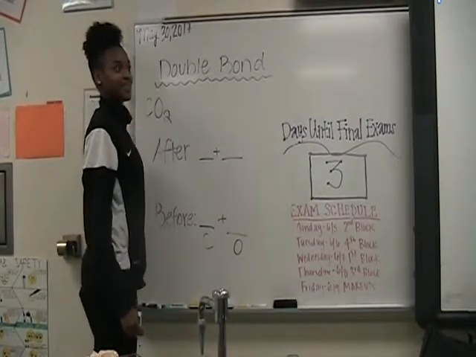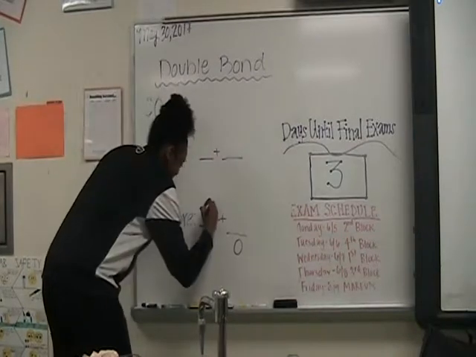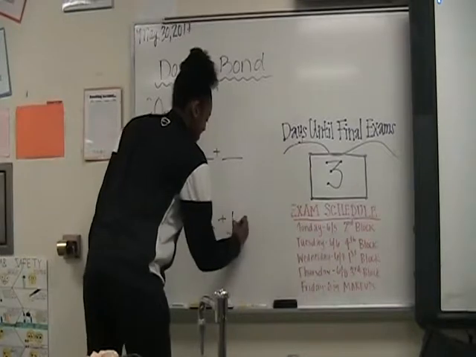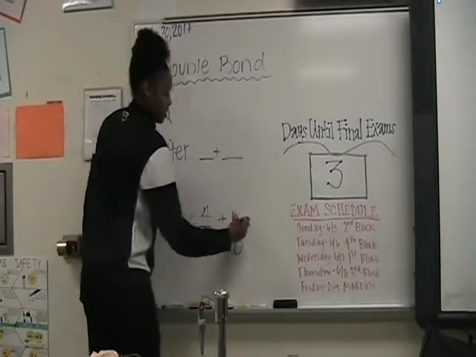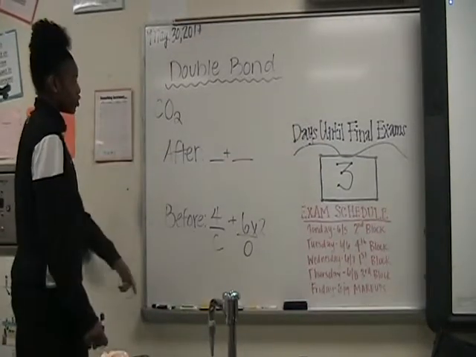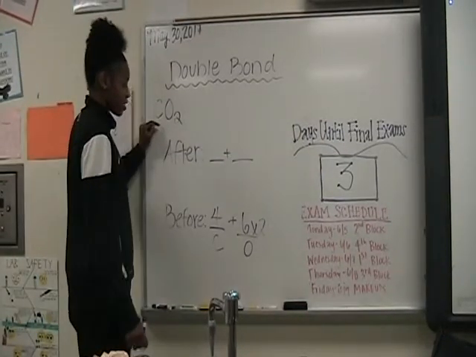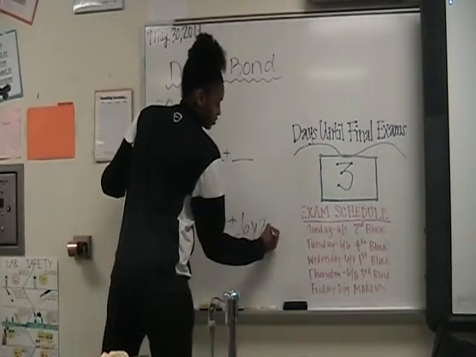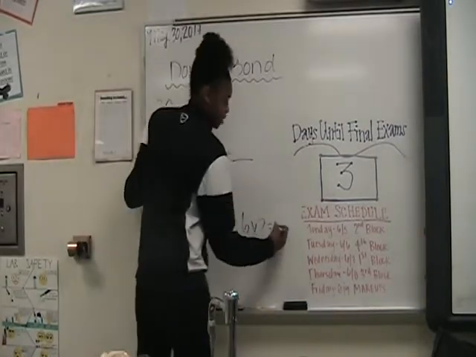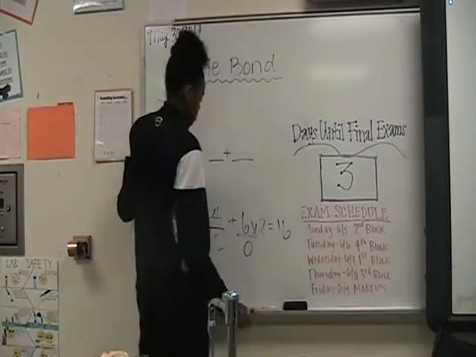Carbon has 4 valence electrons. Oxygen has 6. And you would multiply by 2 because it's 2 oxygens. So 6 times 2 is 12, plus 4 equals 16.